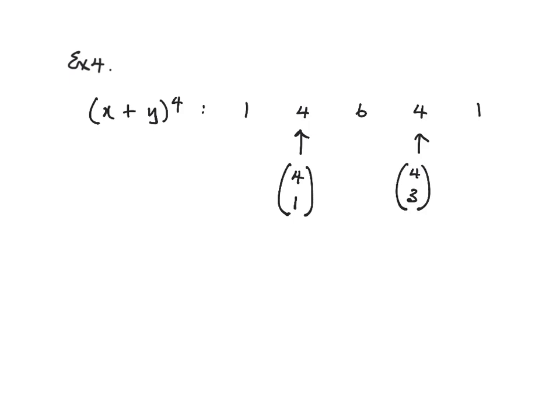Now, what we want to do is to try and relate those. I hope you can see that this one can also be written as 4 choose 4 minus 3. 4 take away 3 is 1.